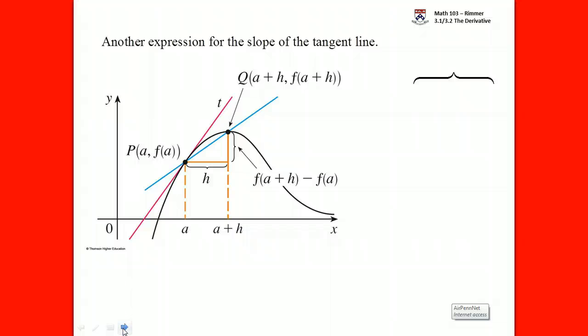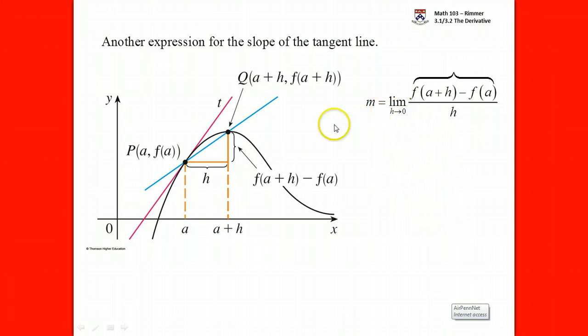We do exactly the same thing, though. We subtract the y's, subtract the x's, but now when we go to subtract the x's, we get that value h. This distance between our x values is getting smaller and smaller. A plus h minus a is just an h. And so when we go to set up the secant line slope, we subtract the y's, f of a plus h minus f of a, and we divide by the subtraction of the x's, which is just h.